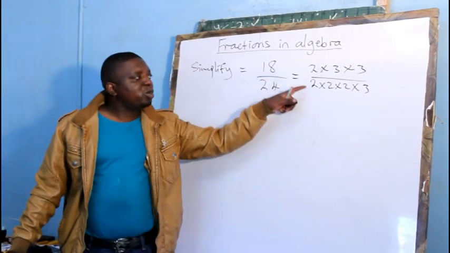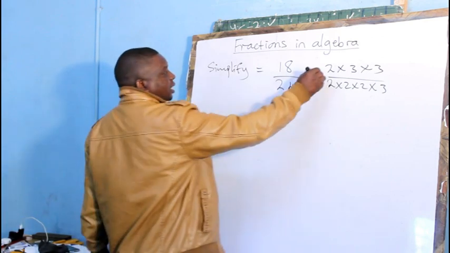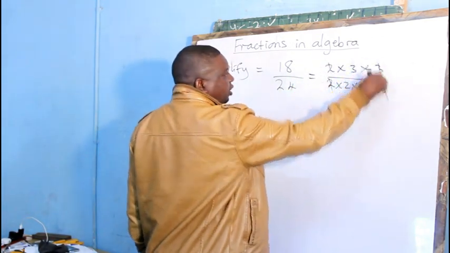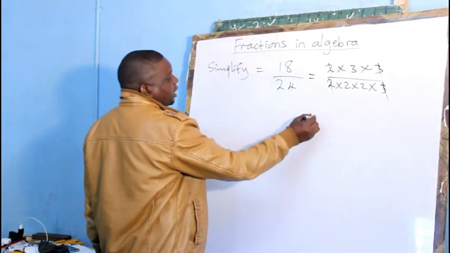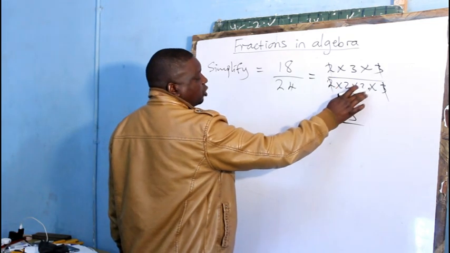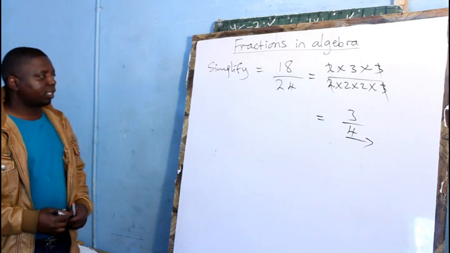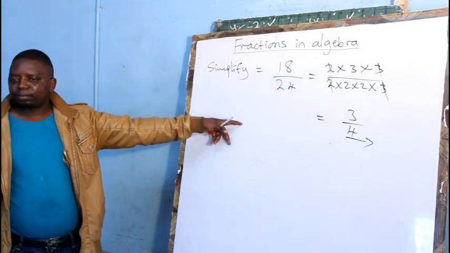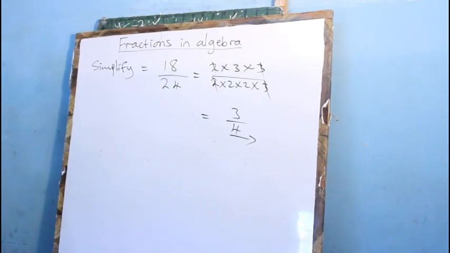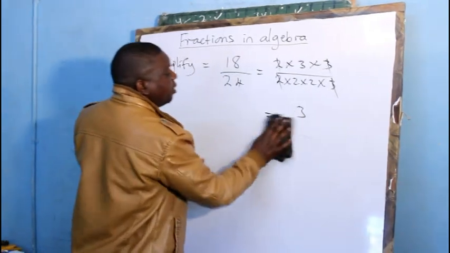Then the common factors cancel. The 2 and 2 cancel, the 3 and 3 cancel, leaving 3 over 2 times 2, which is 4. So you have simplified this fraction. For this topic, whatever question you meet that says simplify, do the same.